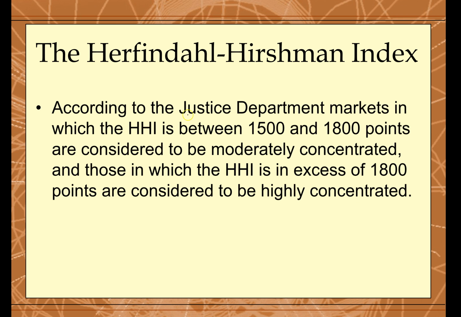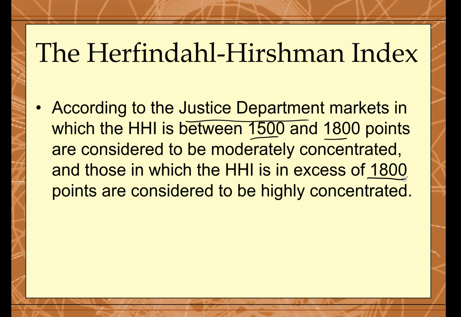Now, the Department of Justice has an interest in measuring market share, or HHI, or market structure, because if you want to merge or buy a rival, you've got to get permission from the government, in particular the Justice Department. And what they say is they feel that any industry that has a score between 1,500 and 1,800 is considered to be moderately concentrated.